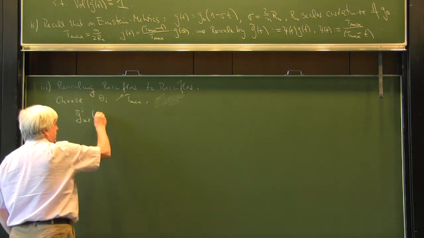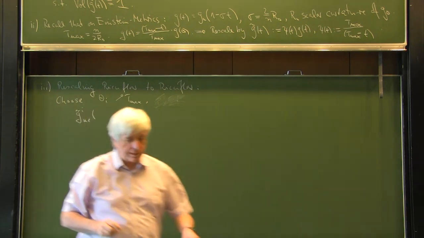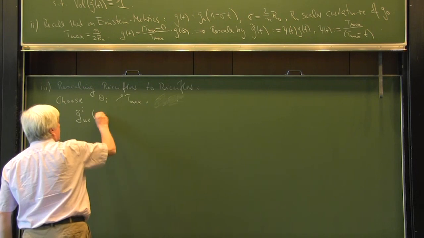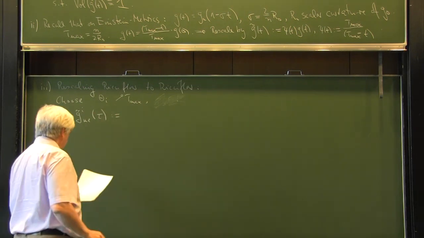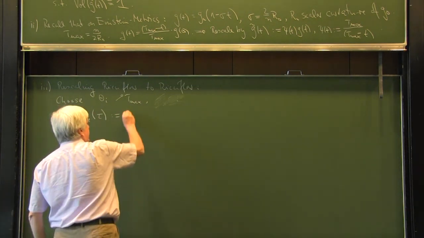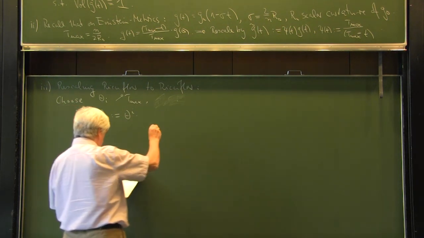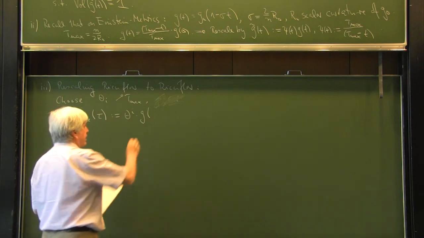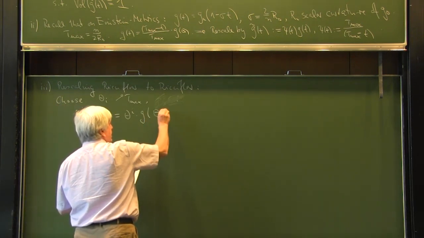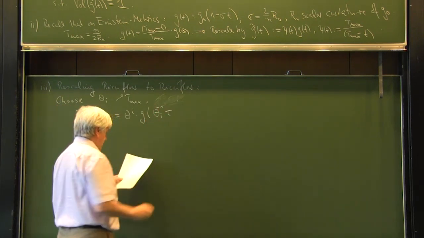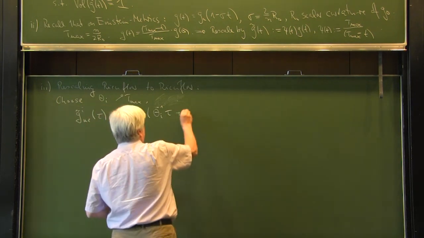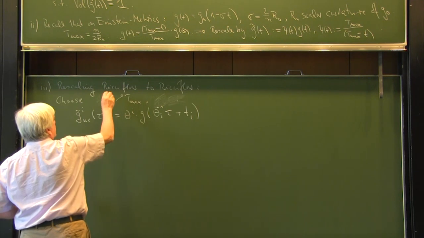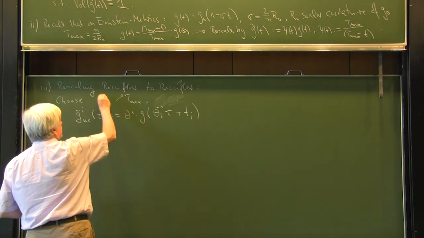at a new time tau, where you take theta I multiplied with the metric, the old metric, at theta I to the minus 1 tau plus Ti. Yeah, let's call it Ti. Got it wrong.